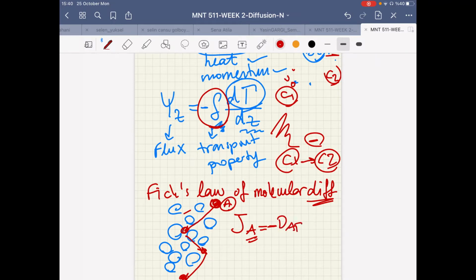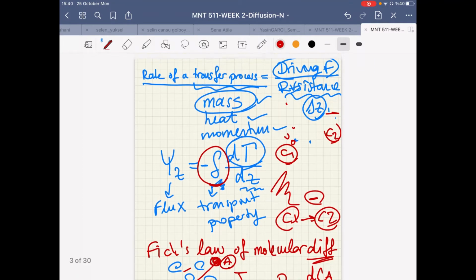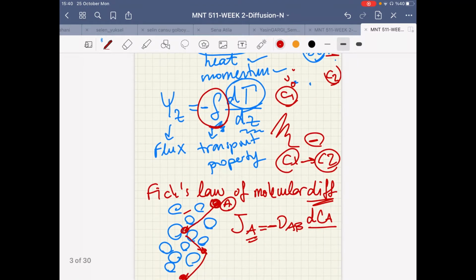It's DAB, A diffusing in stagnant B, and dCA is the concentration difference. That is my driving force, right? Because the concentration here is less than there, so there is a concentration driving force through a certain resistance. That's the thickness of whatever medium it's trying to dissolve through.